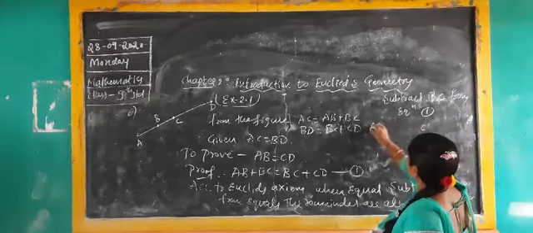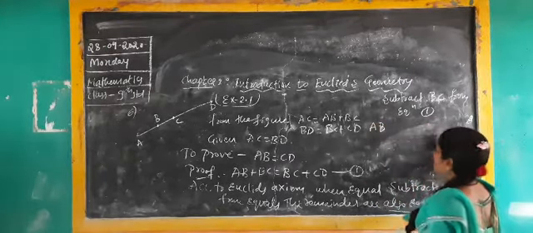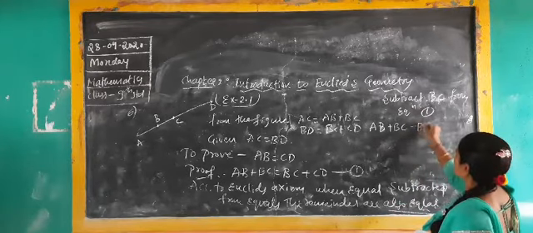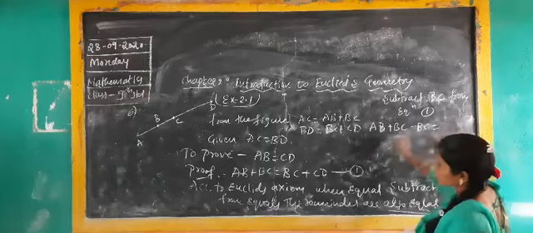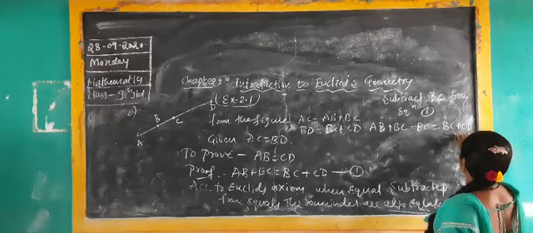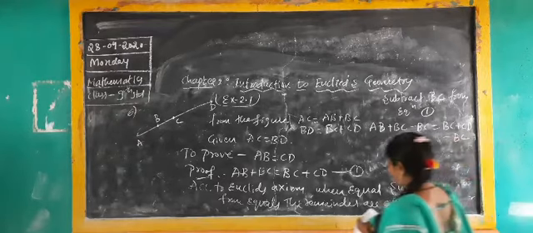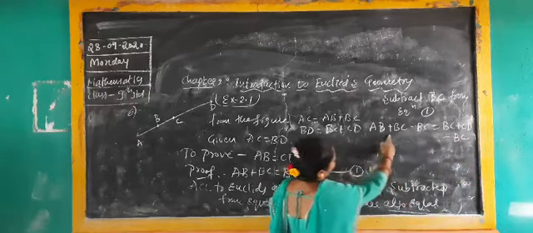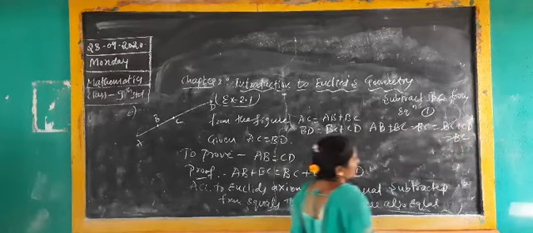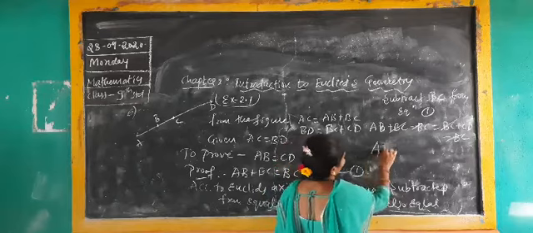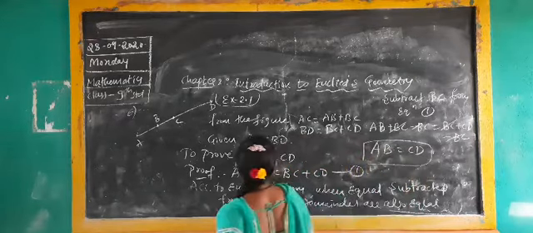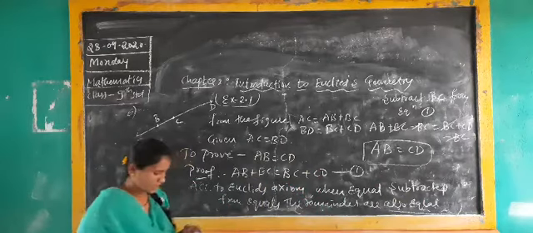Means AB plus BC, subtract this, minus BC, is equal to BC plus CD and minus BC. Here plus BC minus BC cancels, and in this also plus BC minus BC gets cancelled. Remaining, AB is equal to CD. It is the proof, to prove AB is equal to CD.